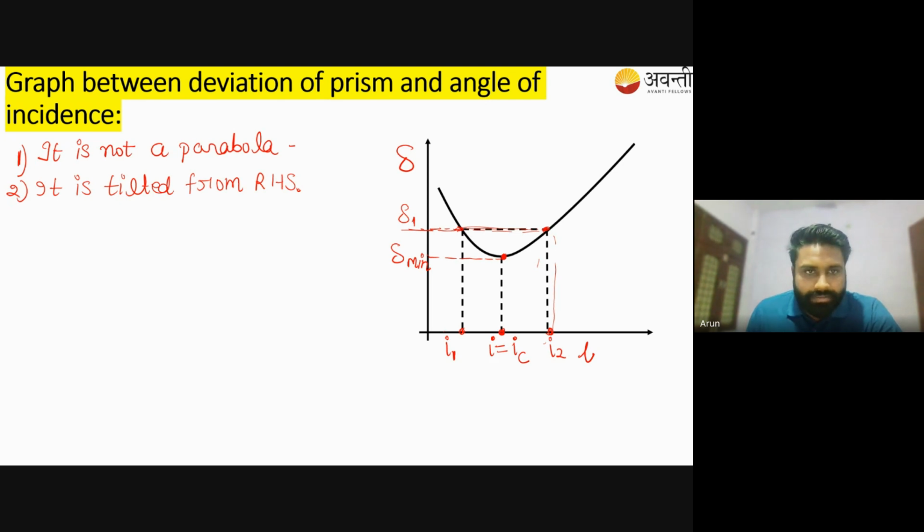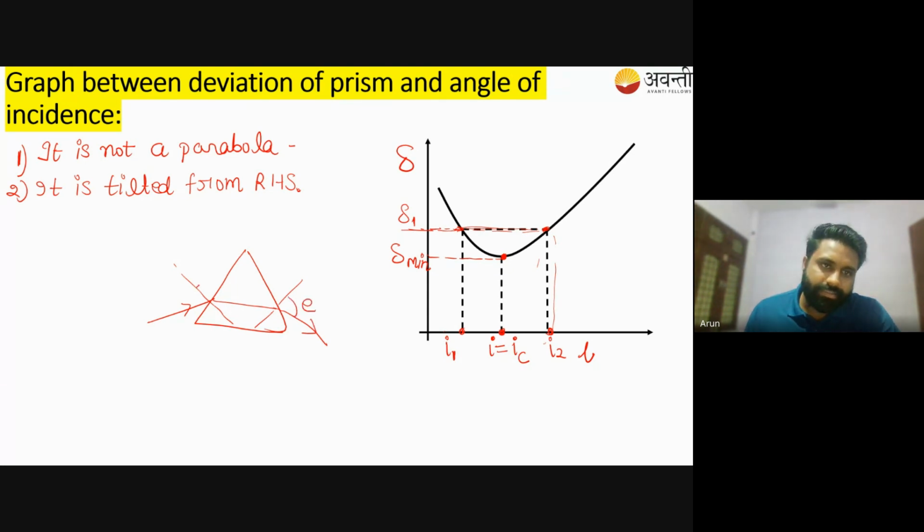How does this happen? This is the prism you have. Let's say this is the incident ray you have thrown at it. After getting deviated, it moves in this direction. This is angle E. This is angle I, for which you have a deviation of delta.